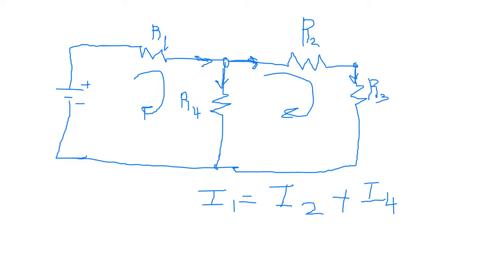So if this was I1, and this was I4, and this was I2, you can say I know I1 is equal to I2 plus I4. And so I could do that.